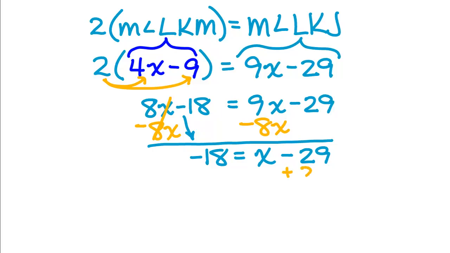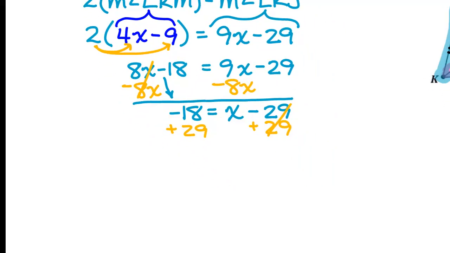To get x all by itself, I need to plus 29 to both sides. Yep, because I want to get the x all alone, and it's x minus 29. I have to make the minus part cancel, and so we do that with a plus. What is negative 18 plus 29? 11.